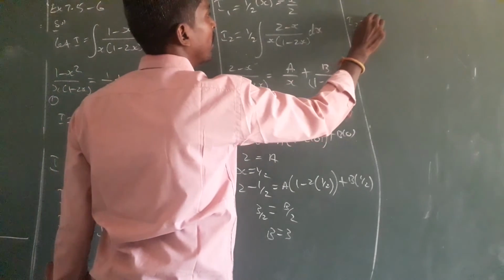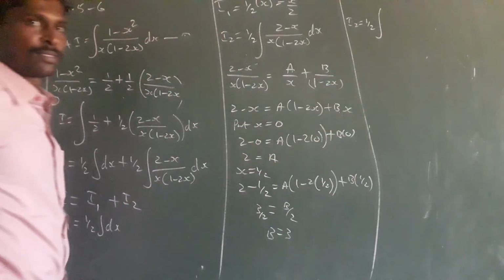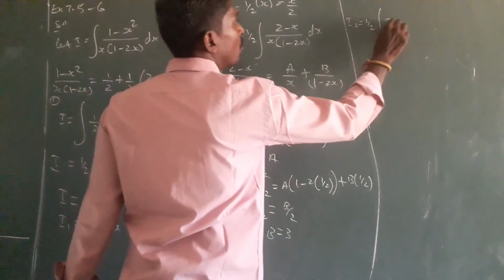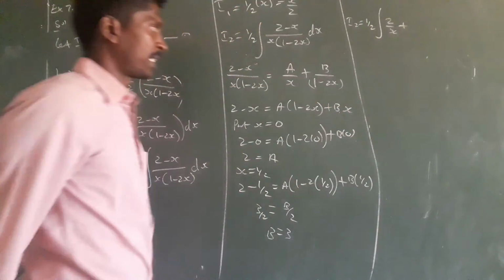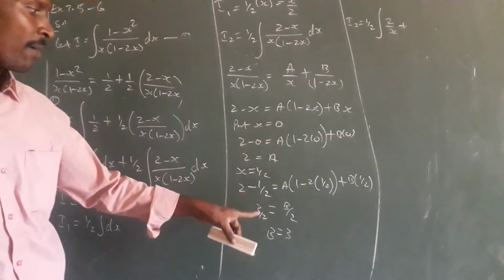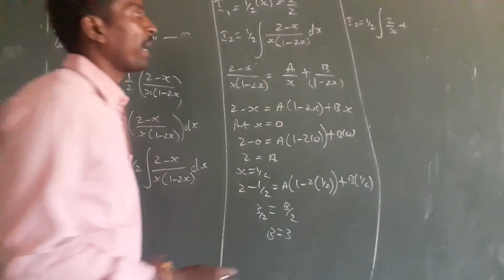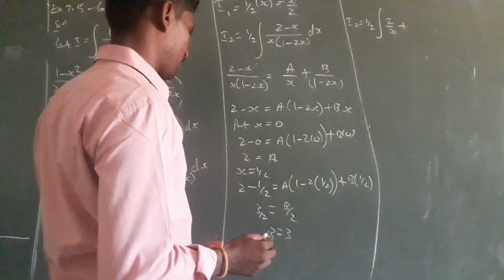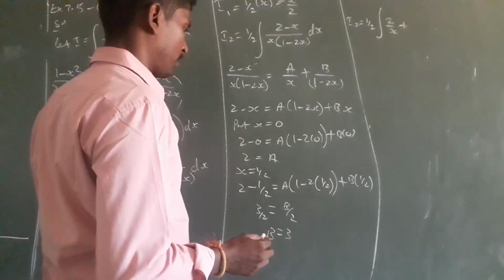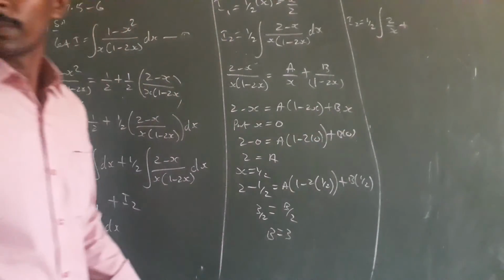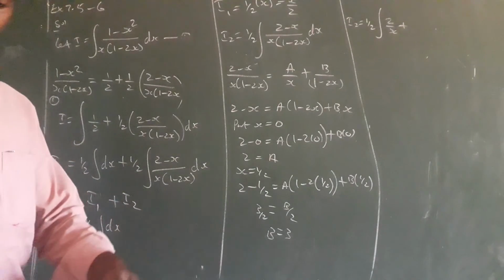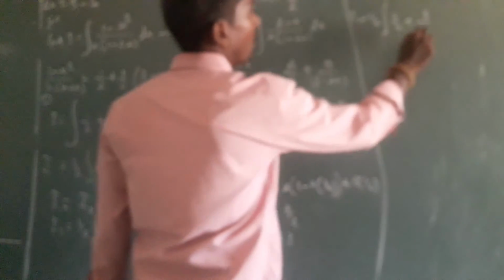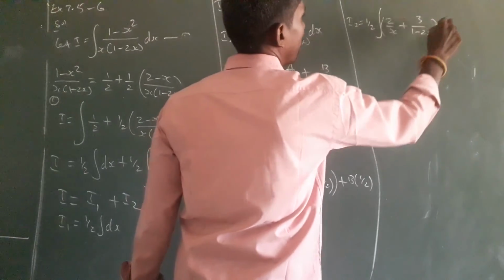I2 equal to 1 by 2 integral of, a equal to 2, so 2 by x will come, plus b equal to 3, so 3 by (1 minus 2x) into dx.